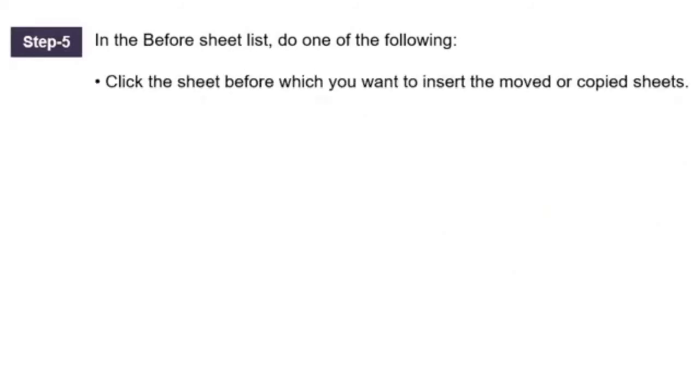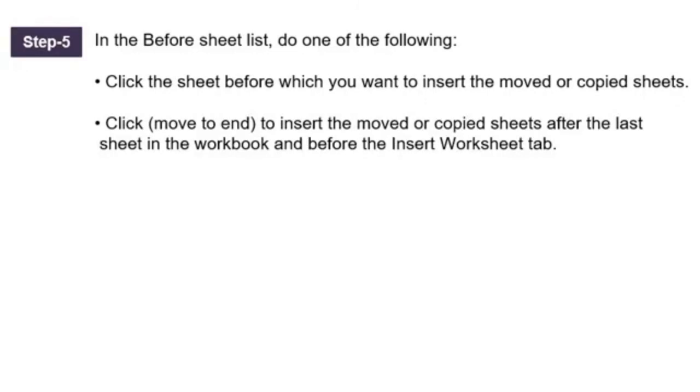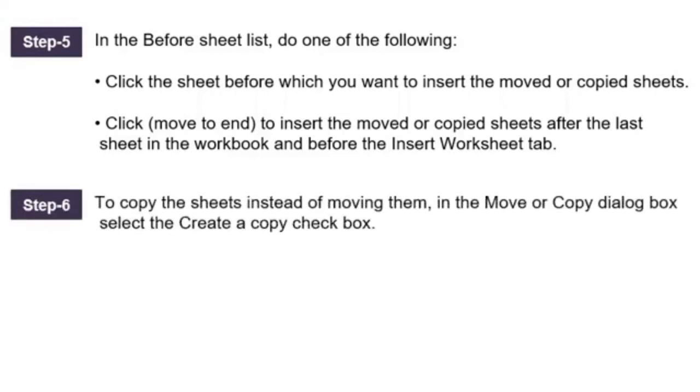Click the sheet before which you want to insert the moved or copied sheets. Click Move to End to insert the moved or copied sheets after the last sheet in the workbook and before the Insert Worksheet tab. Step 6. To copy the sheets, instead of moving them, in the Move or Copy dialog box, select the Create a Copy checkbox.